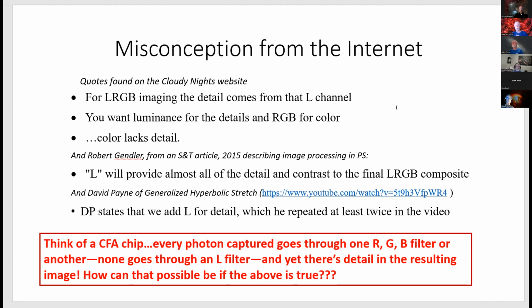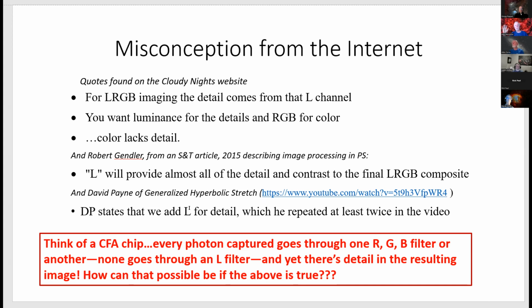And that's also false. And David Payne, who recently gave us the generalized hyperbolic stretch, has a YouTube video that was recorded by the San Jose club, I believe. And he stated in that video at least twice that we add L to our images for detail.